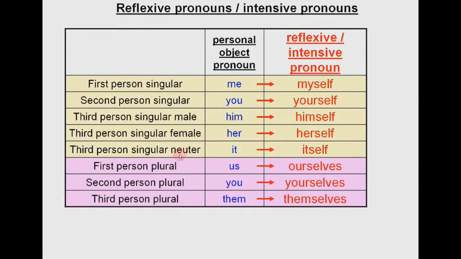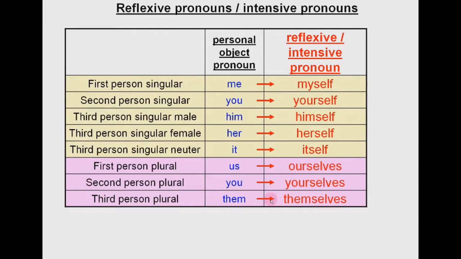So in yellow we have the singular. So the first person is myself, second person yourself, third person male himself, female herself, and neuter itself.